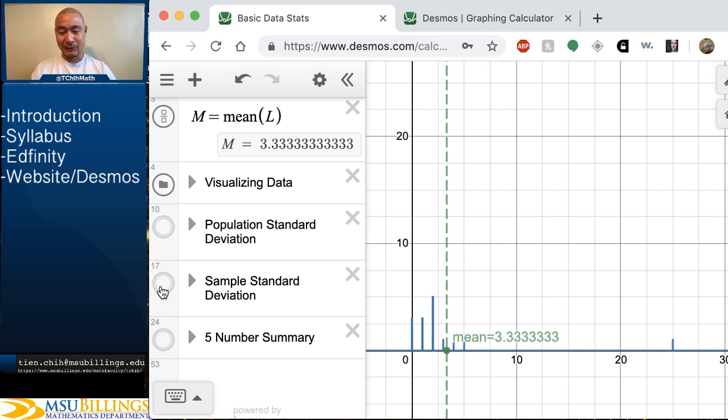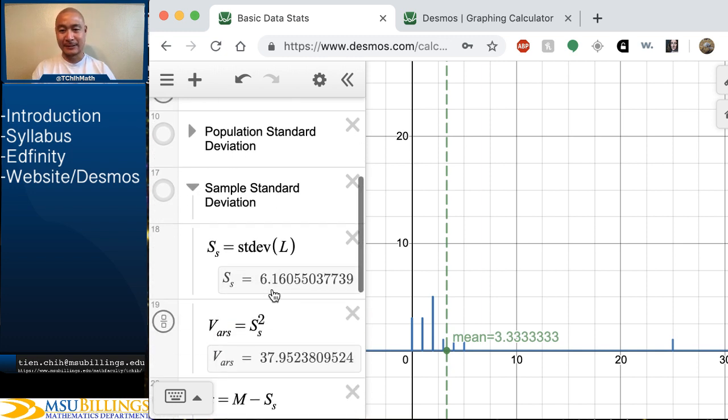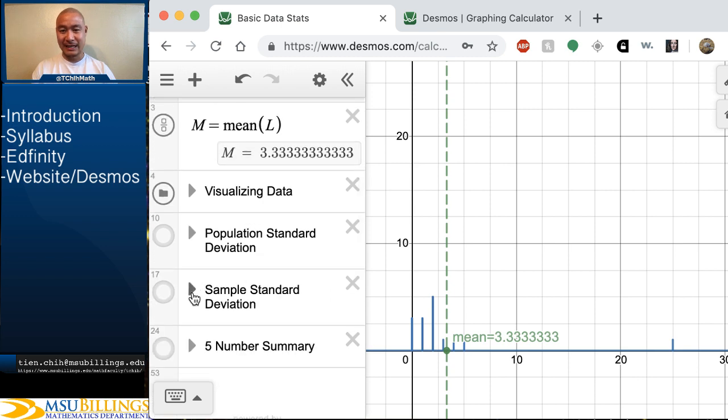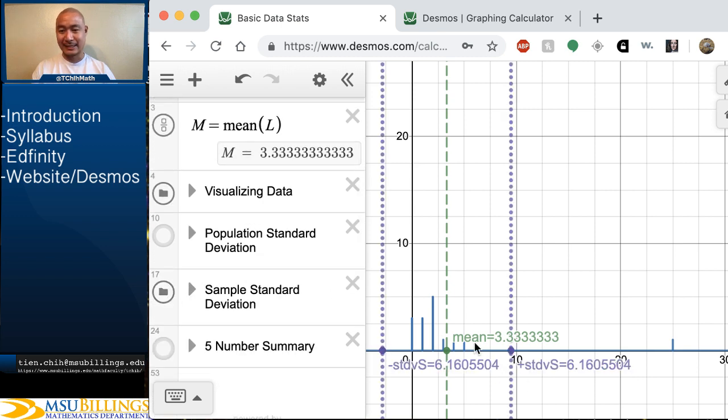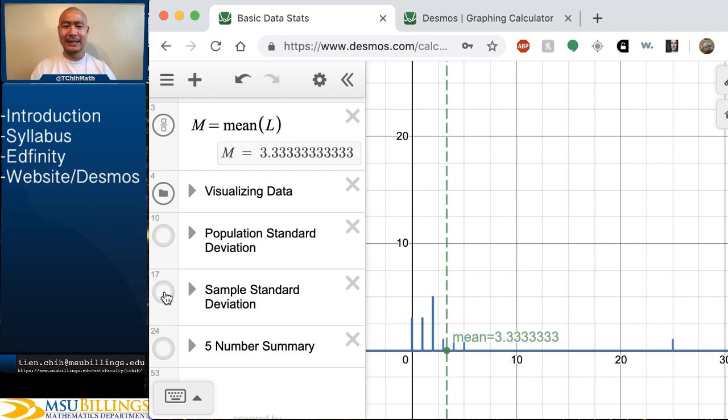This is a sample, a subset of the people in our party. If we were to take a look at what our standard deviation is like, it's relatively huge. Our mean is 3 and our standard deviation is 6 something. And if I were to plot that, almost everyone, in fact everyone, falls within one standard deviation except for this data point here. And so there's two thoughts here.